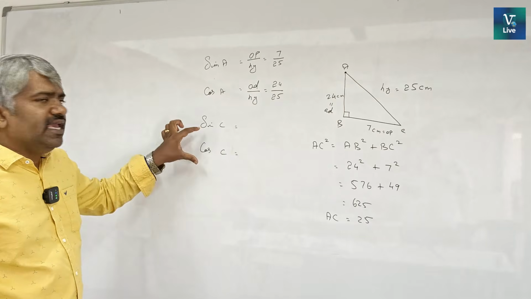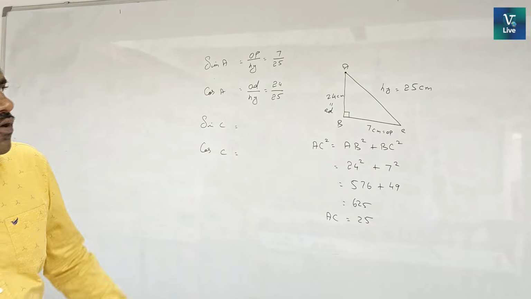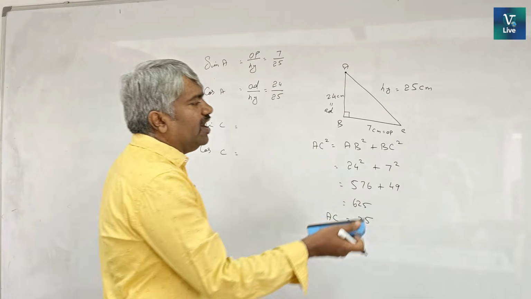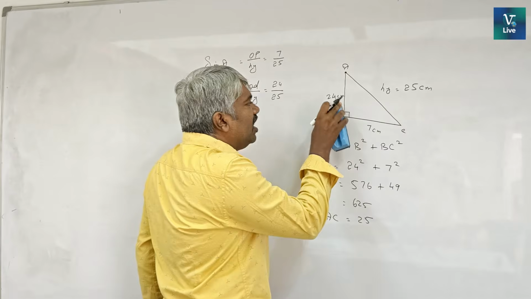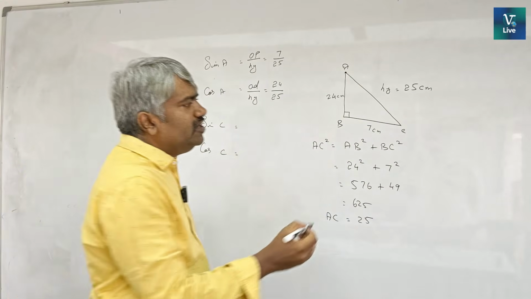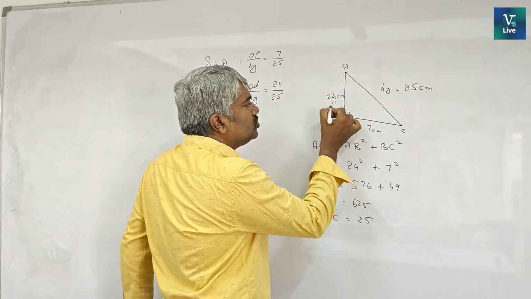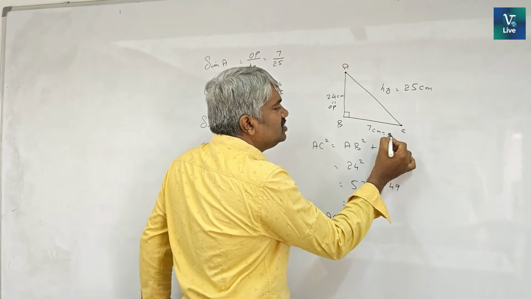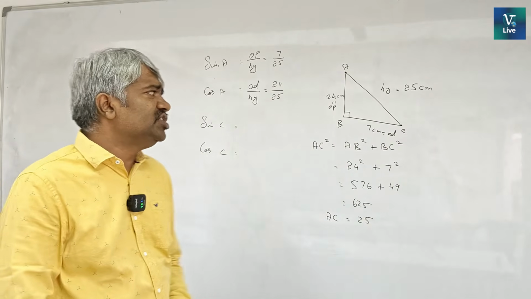Now, in the next case, we need to find the value of sin C and cos C. So, C represents the point where you are going to stand. In this case, the values of opposite and adjacent will change. That is, when you are standing at C, the side opposite to you is the opposite side and this side is adjacent, whereas the hypotenuse will never change, right?